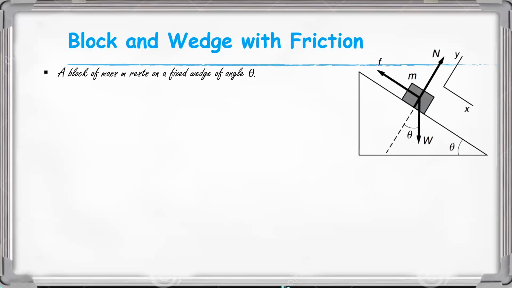Let us consider the figure. Here, the mass M is placed on an inclined plane, which we call a wedge, and it is inclined at an angle theta.